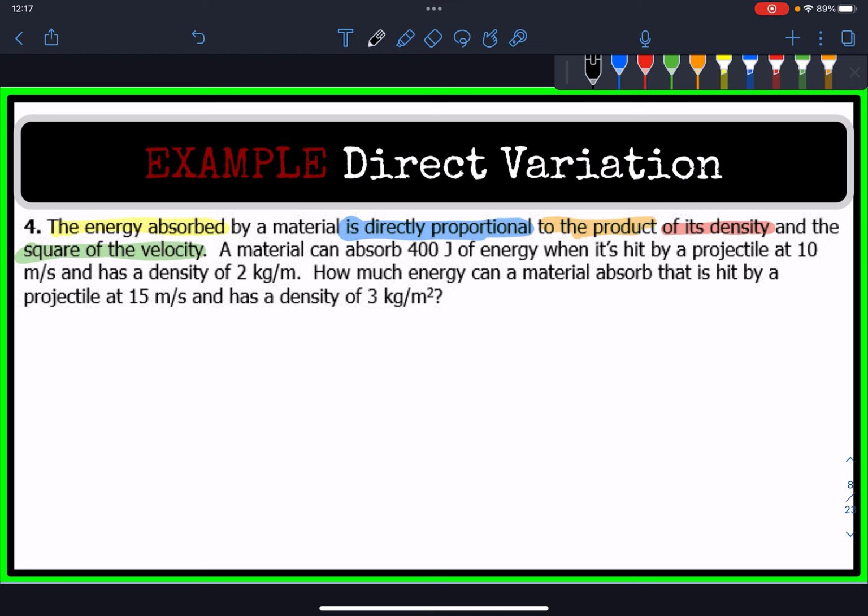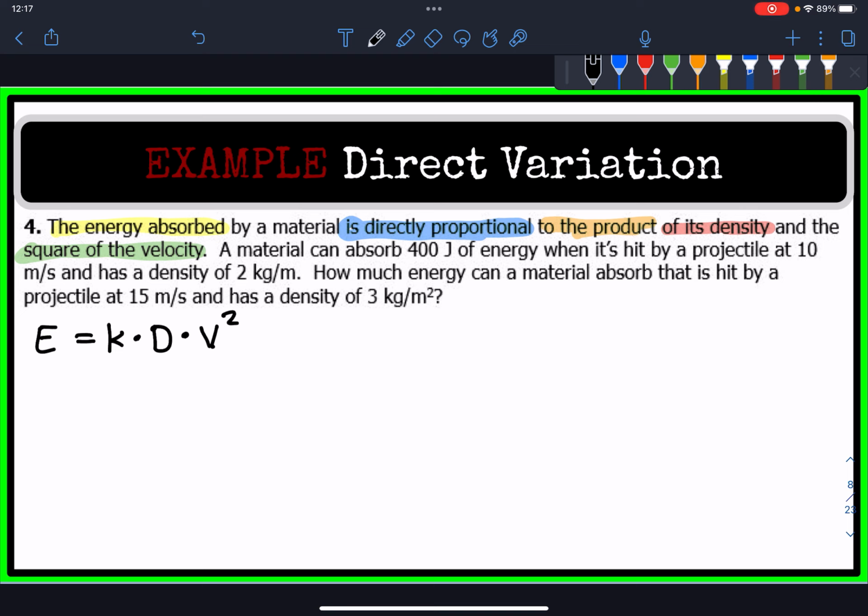So y is equal to k times x and some other unit w. For y we'll use E for the energy absorbed. That is directly proportional, so k is multiplied with the density, we'll use d, and the velocity, v. The reason we're multiplying is because it says the product. So we're going to multiply v and d. But the v again is squared, so v is raised to the second power.